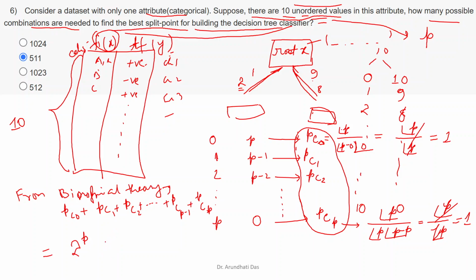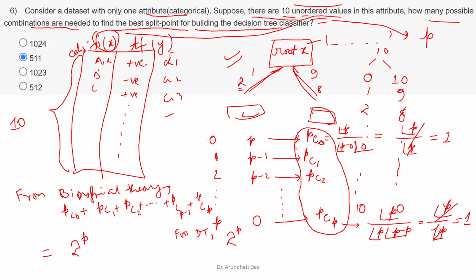But for this particular decision tree problem, we can again customize our solution. For example, if one of the sets is empty and the other is full, then that combination will not work for us. So for a decision tree, that combination value cannot be simply 2 to the power p.